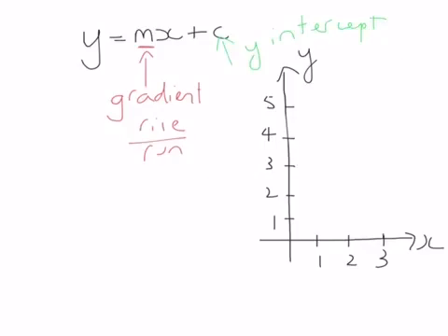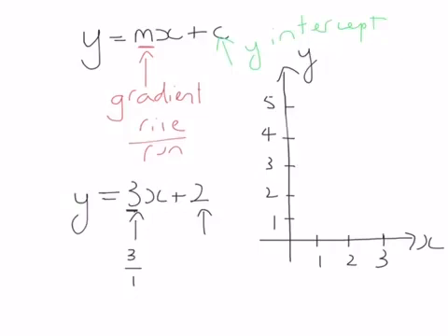So, if I had an equation like y equals 3x plus 2, then the 3 is the slope or the gradient. And even though there's only one number there, it's really 3 over 1. So the gradient is 3, the rise is 3, the run is 1. Then, if I have this number here, 2, that is the y-intercept where it cuts the y-axis.